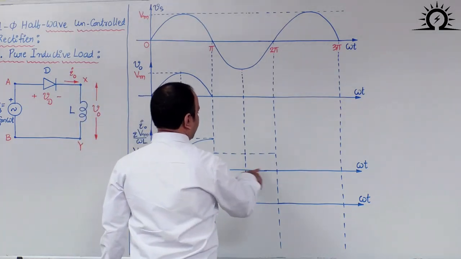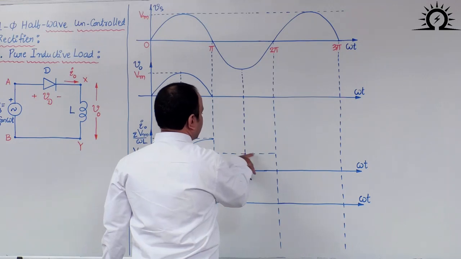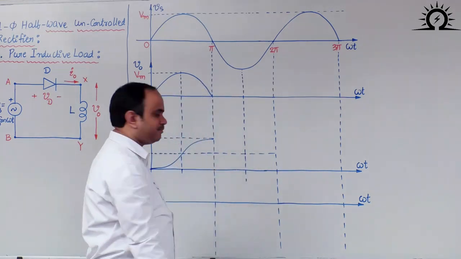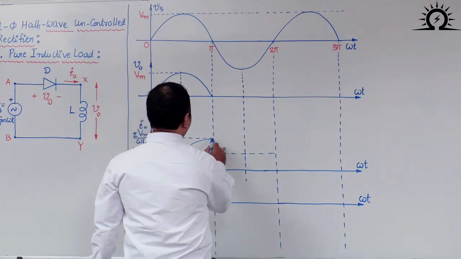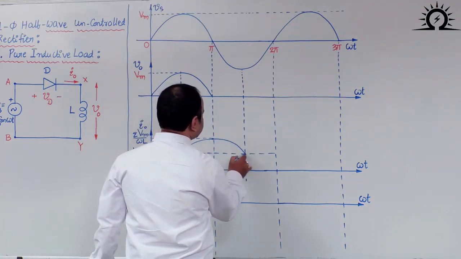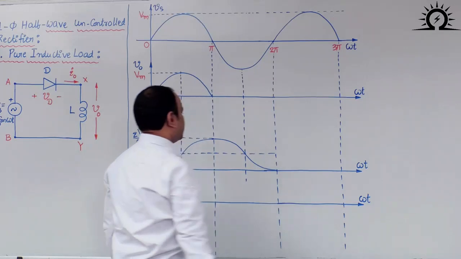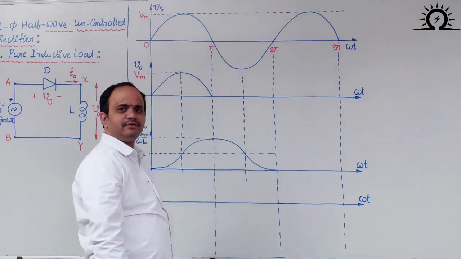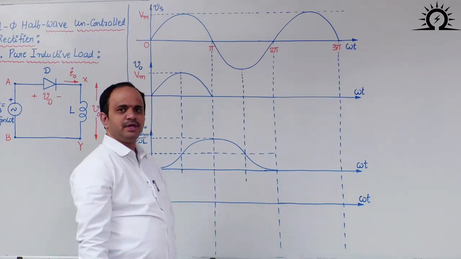When we change by another 90 degrees, this current will reach 0 because the change will be another Vm by omega L. Therefore, if you join these 3 points with a smooth curve, we will get the output current waveform something like this.